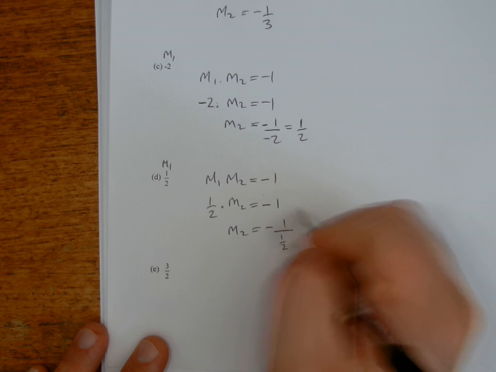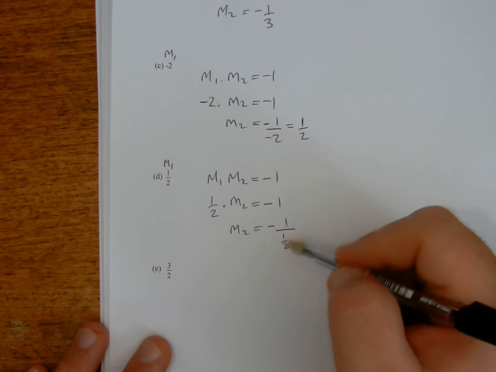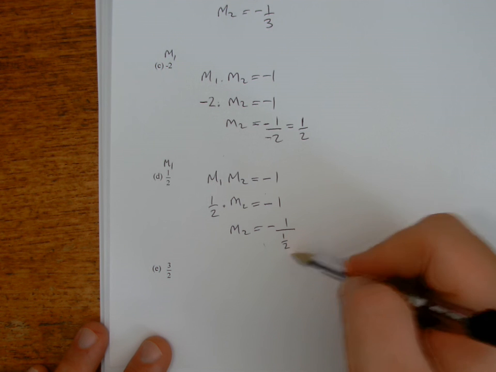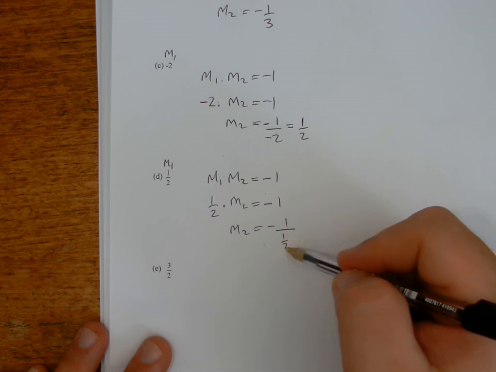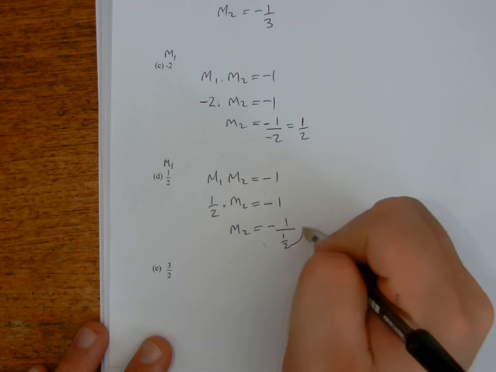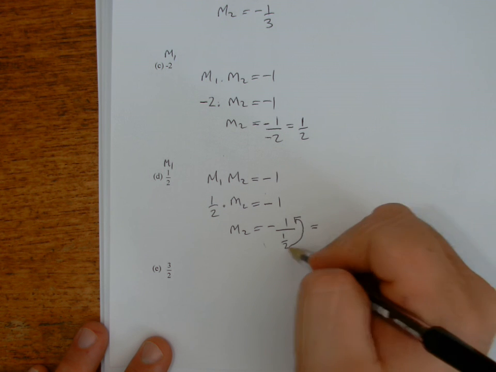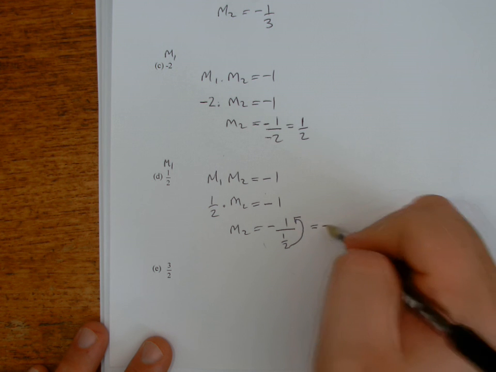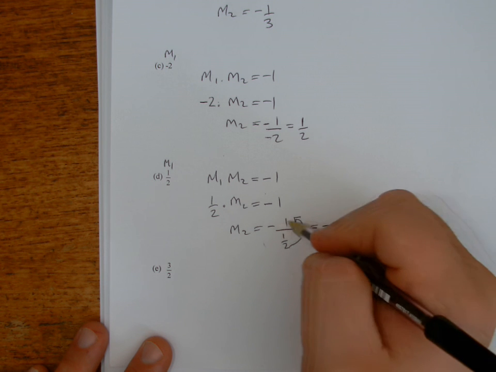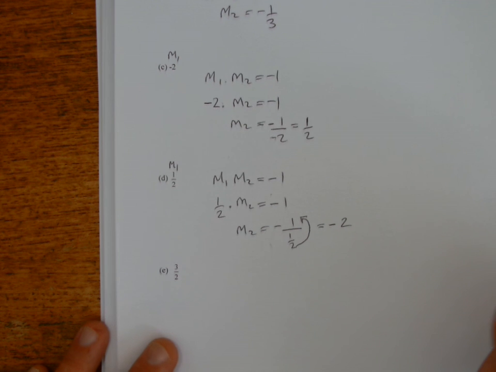Now you can type that into your calculator if you want. You just have to structure your fractions properly on there. The other way of doing it, of course, is that whenever you divide by a fraction, the bottom number on that fraction flips to the top. So because there's 2 on the bottom there, it flips to the top, so you get negative and the 2 on top, so you get your gradient to be -2. Check on your calculator, it works.